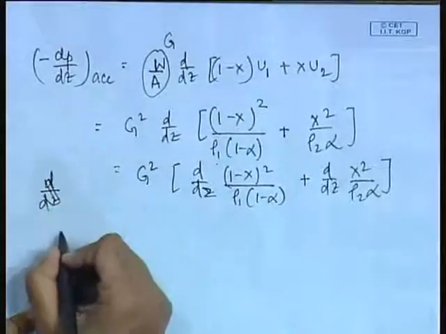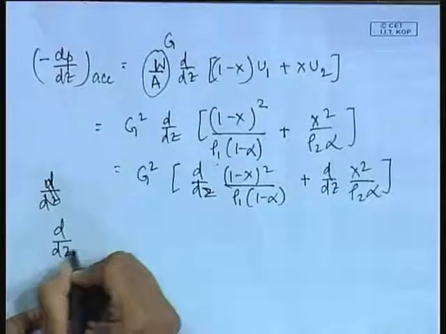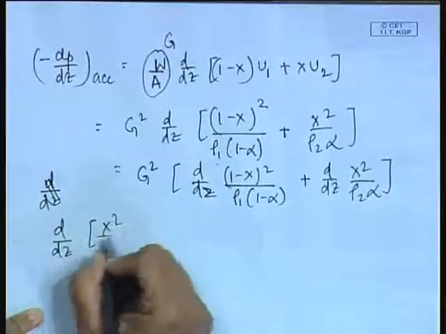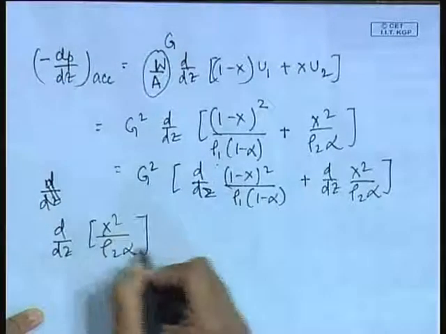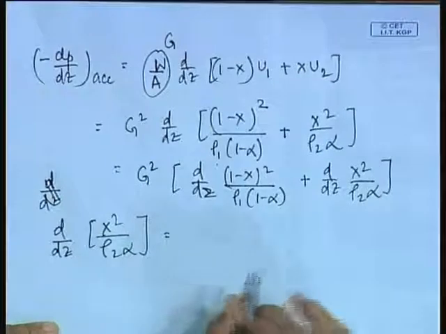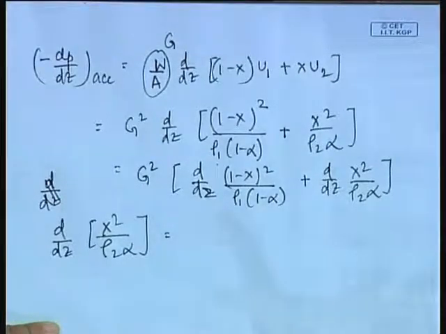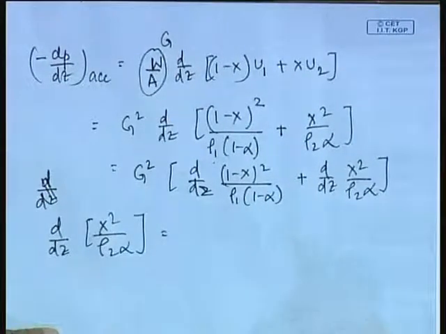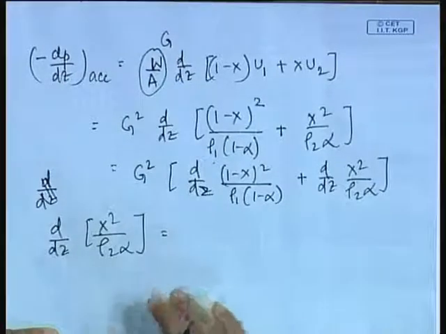So, therefore, let us see this d dz of, say, let us take up this term first, x square by rho 2 alpha. This is no fluid mechanics, no multiphase flow, this is basically differentiation, but very long differentiations which will give you very long equations, and you might get confused and make a lot of careless mistakes. That is the thing you have to look out for particularly when you are doing this derivation.